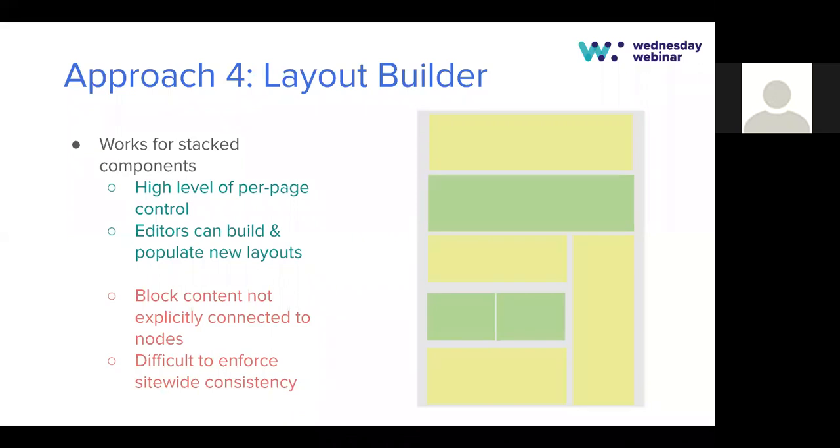Just like approach two, the paragraphs approach, layout builder also means that your components are reusable, which is great. Which means there's a lot of flexibility, which means you can accommodate changes easily. You can add new components to your component library, and keep on expanding the library. So this definitely gives the highest level of per page control to the editors.